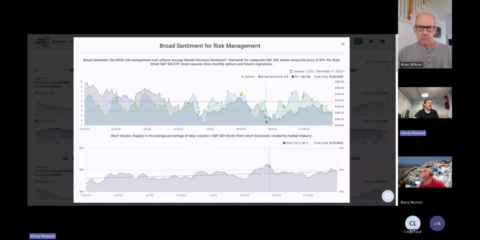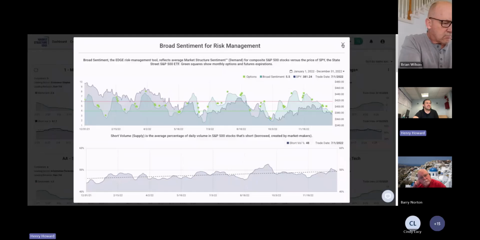From a longer term perspective, what I'm really looking for is allowing this broad market sentiment score to get down into this trough, and to also see short volume flatten out in order to get long, so we can get some of these more sustained long-term trades versus just day trading volatility. For now, I don't think we're there, but we still have a couple weeks till expirations.